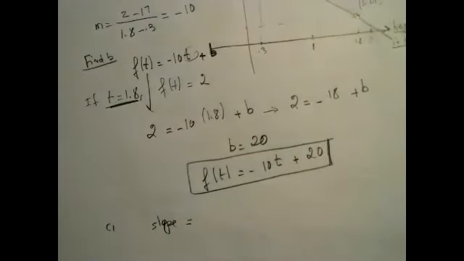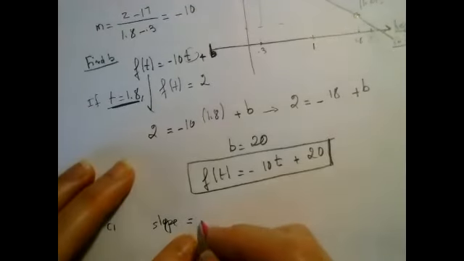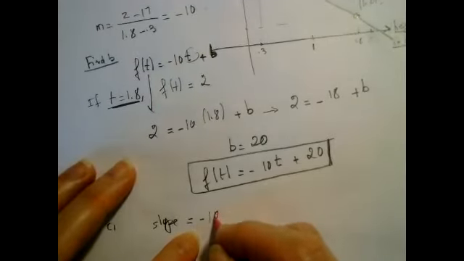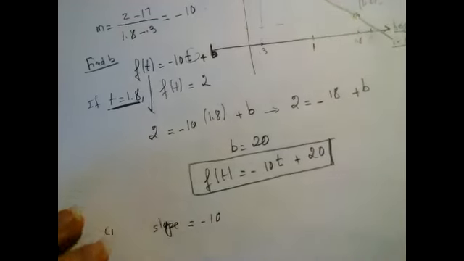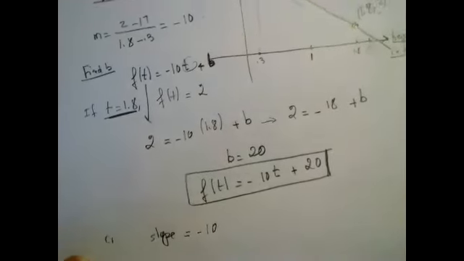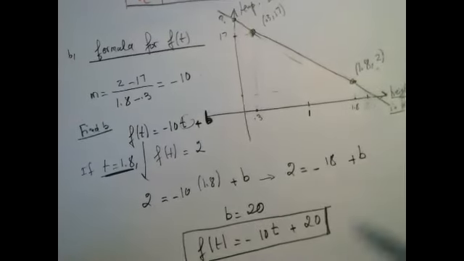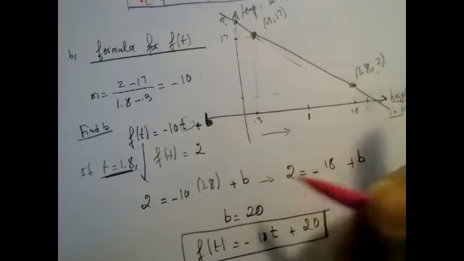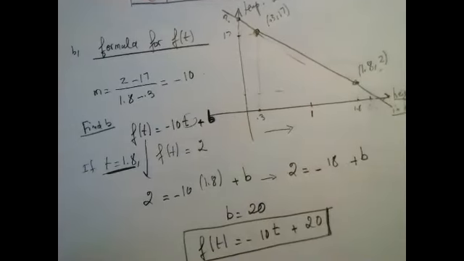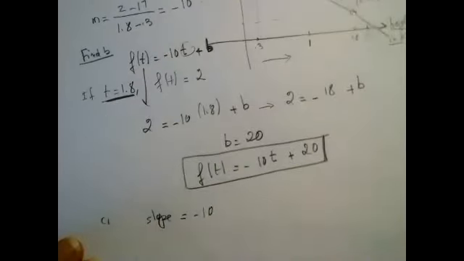I would like to finish what I have in mind at least. What's the slope? Negative 10. Negative 10. Very good. What's the unit? What's the unit of the slope? Go back to your problem, the picture, ask yourself. The slope tells me when my input increases by 1, what happens to the output? So what is the unit of the slope?